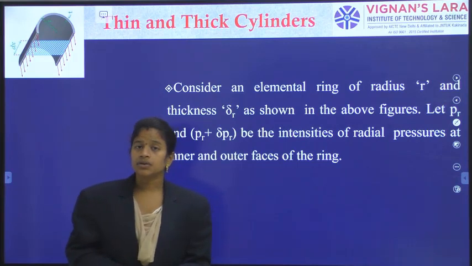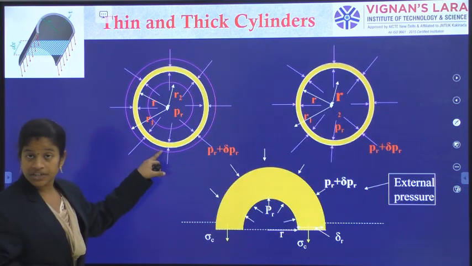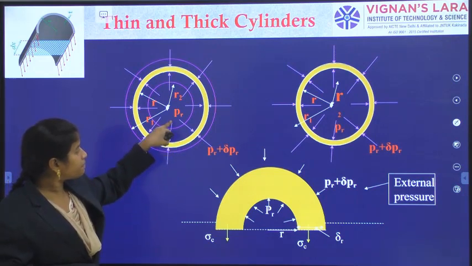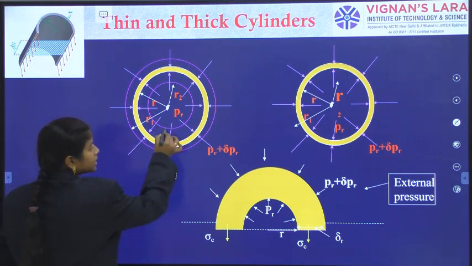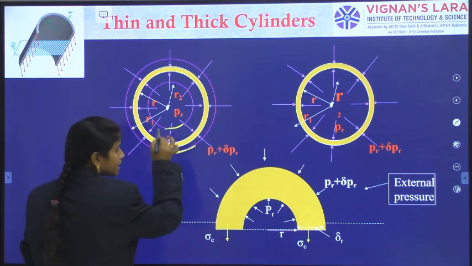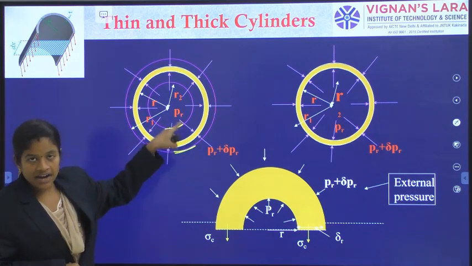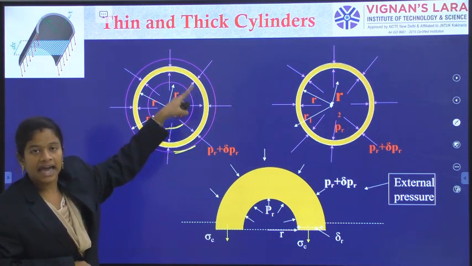Okay, so see the first picture only. This is the original structure, and these purple lines are indicating the main cylinder. In that cylinder, at a radius r from the center, I am considering an elemental ring.